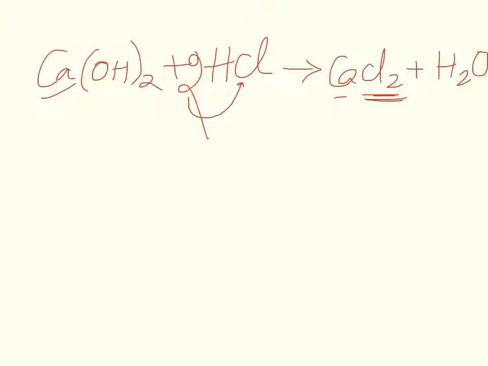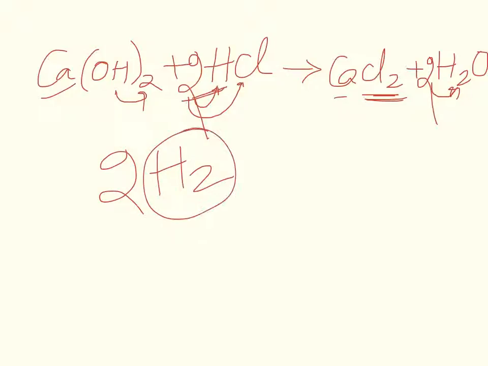In that process, we have increased the number of hydrogens. Previously there were 3 hydrogens, now there are 4 hydrogens, right? There's 2 here and 2 here, so 4 hydrogens. So I can make this a 2. Now there are 2 multiplied by 2, so there is 2H2. H2 is like this, right?